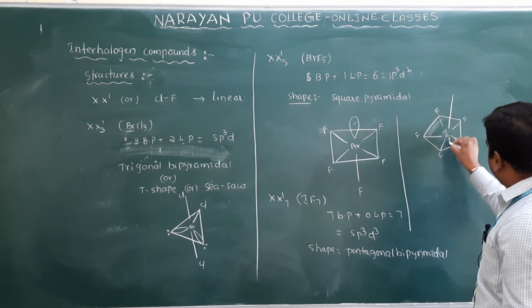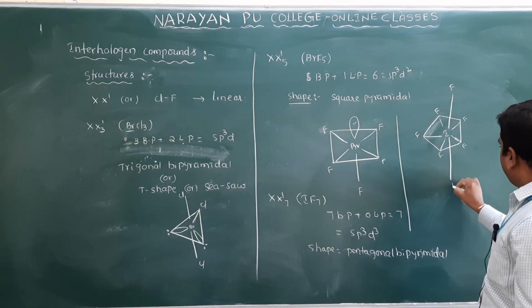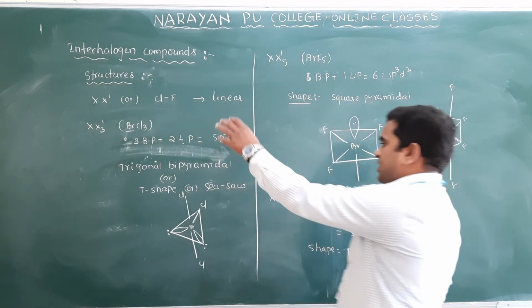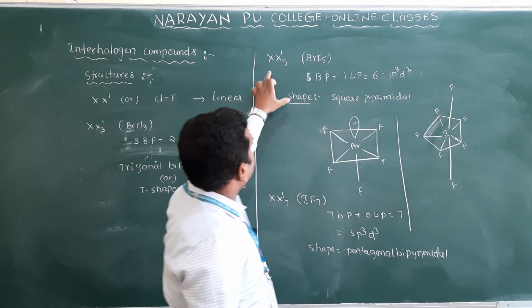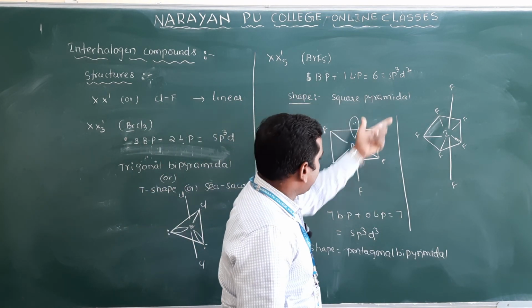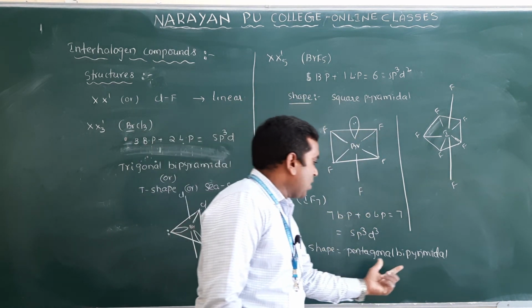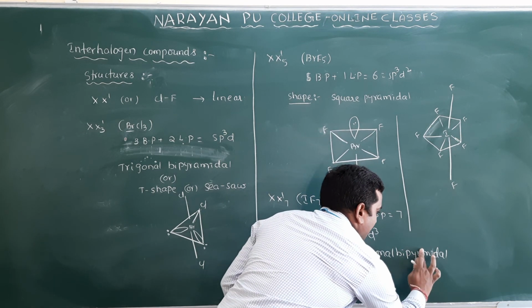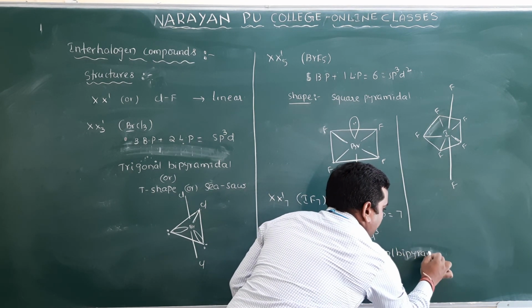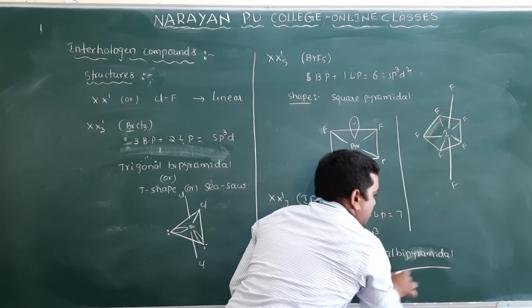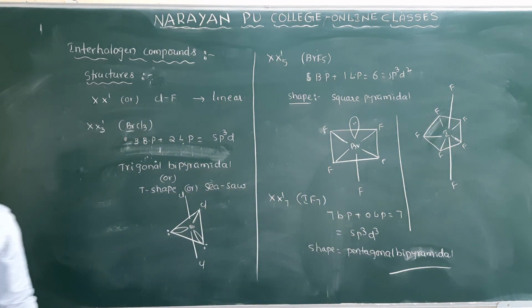And there will be a pyramid on top. So this is F and F. The first one is linear, another one is trigonal bipyramidal or T shape, XX'5 is square pyramidal, and the last one is pentagonal bipyramidal. So these are the shapes of interhalogen compounds.